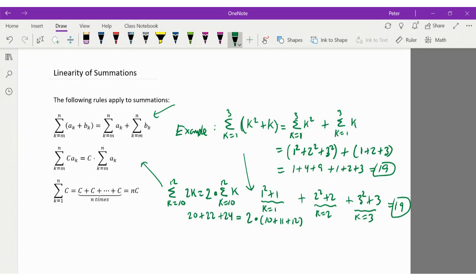It just means that. And then finally, we have this sort of case that many people miss, which is that if I take the sum from k equals 1 to n of a constant, c is a constant, and I add it up, I'm just adding the constant to itself n times. So just for example, the sum from k equals 1 to 5 of 3 is equal to, I want to write these in so it's clear what I'm doing.